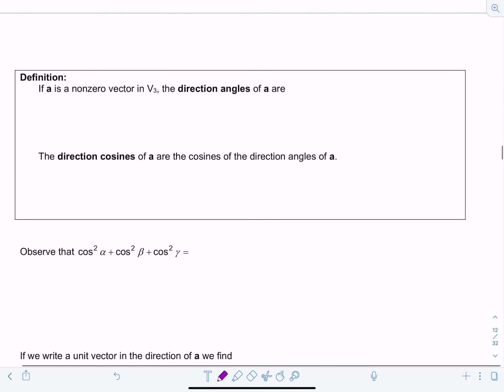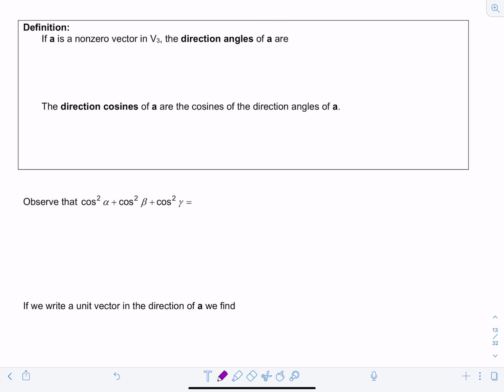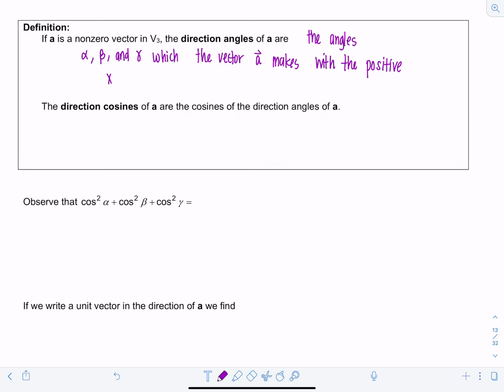Okay, new definition. If A is a non-zero vector in V sub 3, V sub 3 means three-dimensional vector space, then the direction angles of vector A are the angles alpha, beta, and gamma, which the vector A makes with the positive x, y, and z axes respectively.